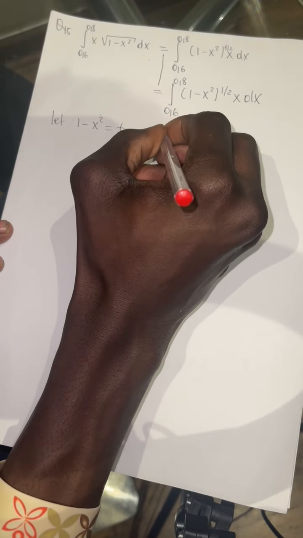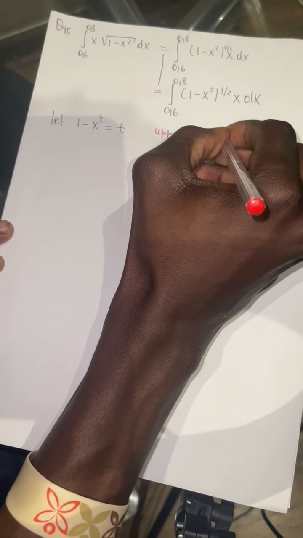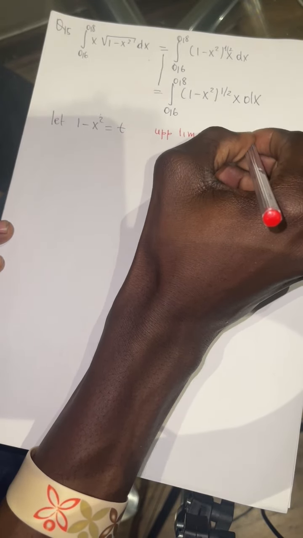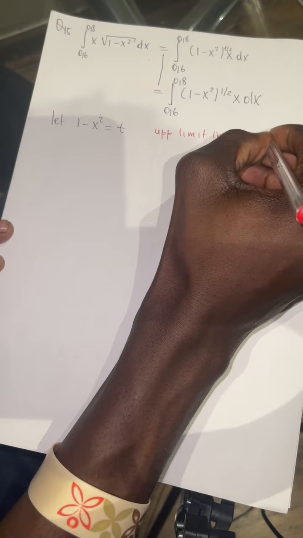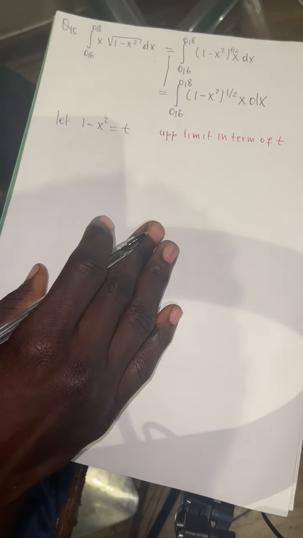So now from there, we're not going to solve the question first. What you will do from there is find the upper limit in terms of t. What was the value of x?